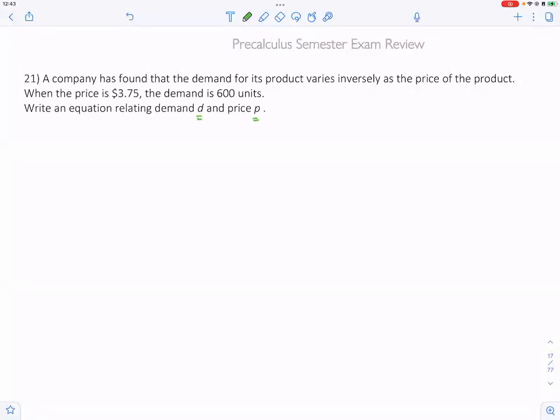Now, back in the early part of the semester, we talked about direct relationship and inverse relationship. So I'm going to give you two choices right here. Is it D times P equals K, or is it D over P equals K?